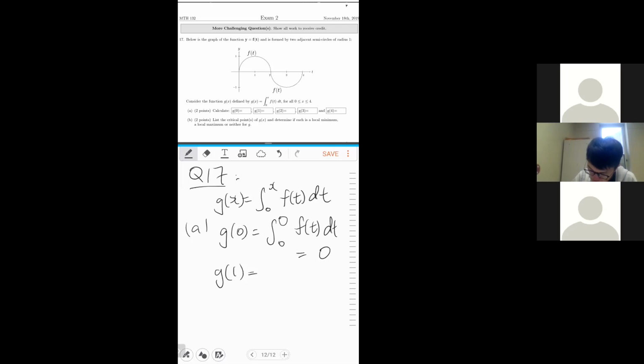What about g of 1? So this is the integral from 0 to 1 of f of t. What is it?